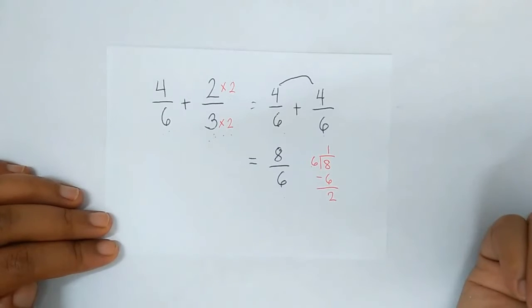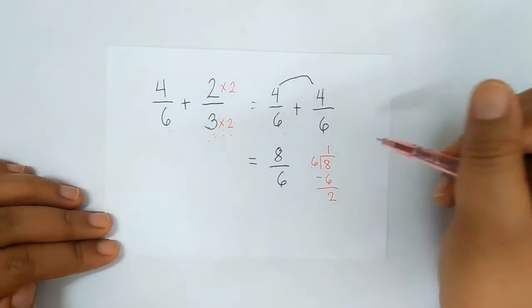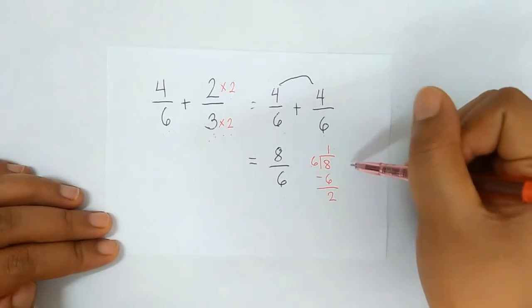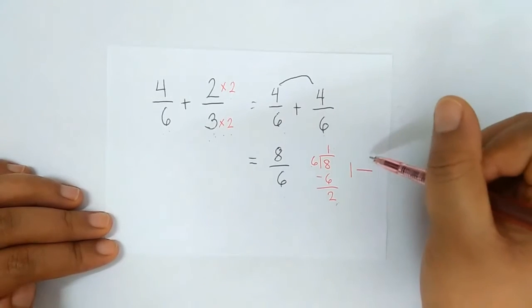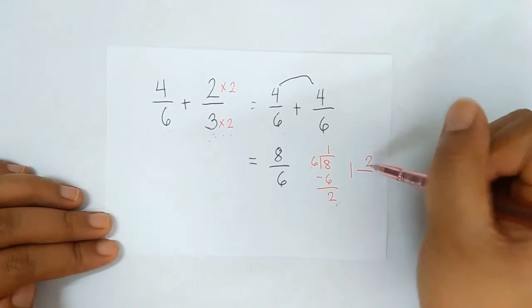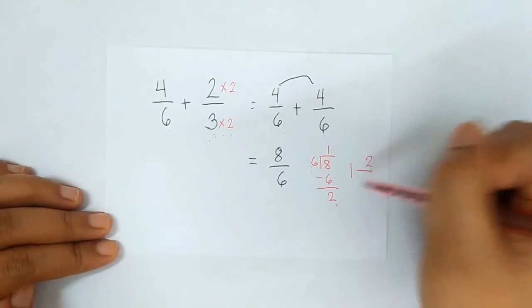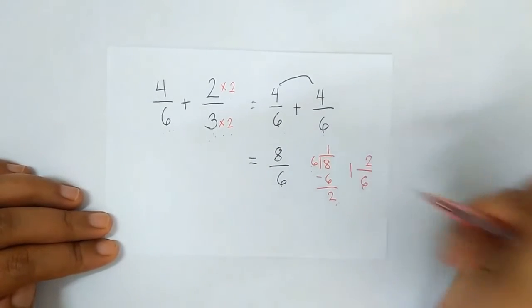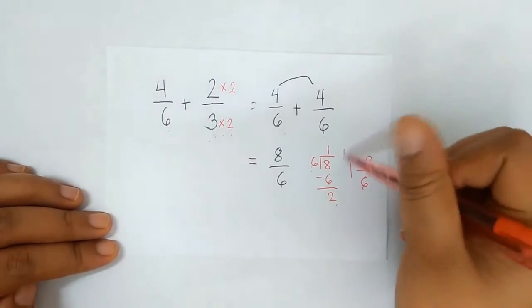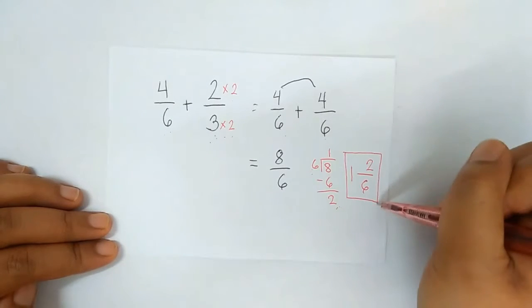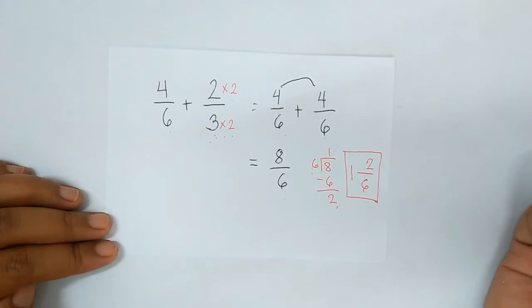How are we going to write this as a mixed number? Yes, 1. The remainder will be the numerator. We have 2. Then the divisor will be the denominator. So we have 1 and 2 over 6.